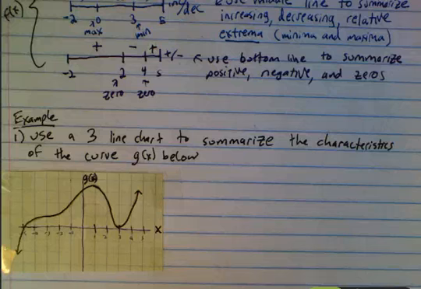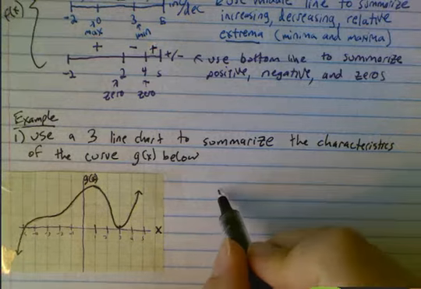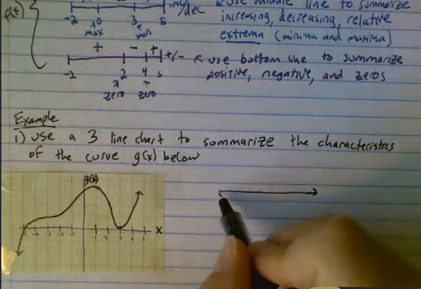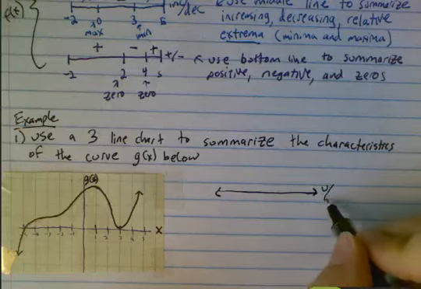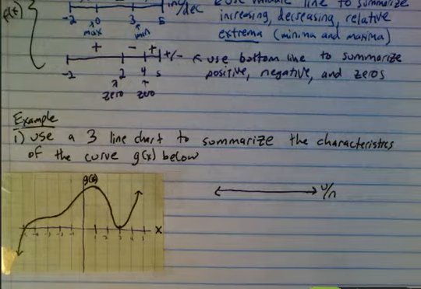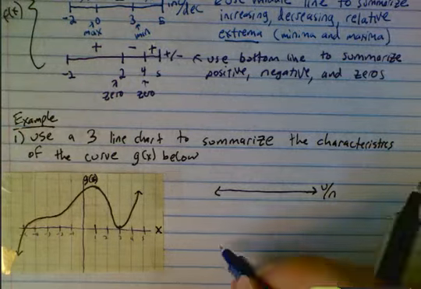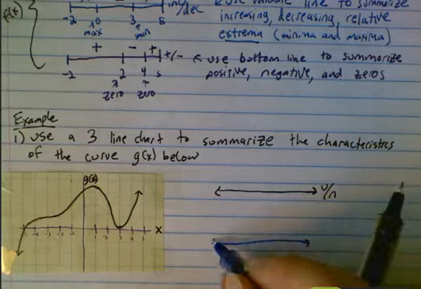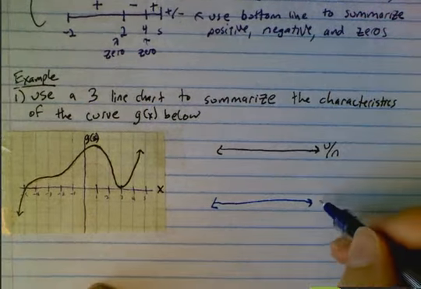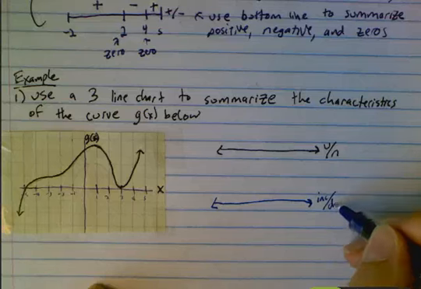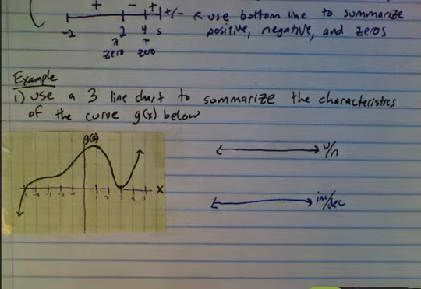So let's use a three-line chart to summarize the characteristics for the curve g of x below. And so remember, the first level of the three-line chart is going to be concave up, concave down, and inflection points. The second level is going to be increasing, decreasing, and extrema.